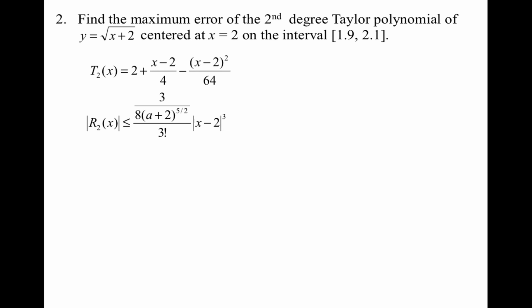All right, now let's find the maximum error of the second degree Taylor polynomial of y equals square root of x plus 2, centered at x equals 2, on the interval 1.9 to 2.1. So I first find my second degree polynomial, and I'm going to go ahead and set up my remainder, which has to be less than or equal to the n plus 1 term.